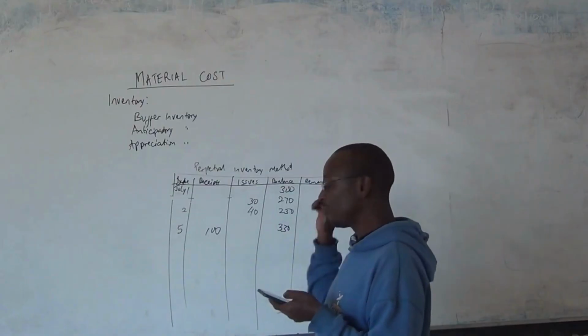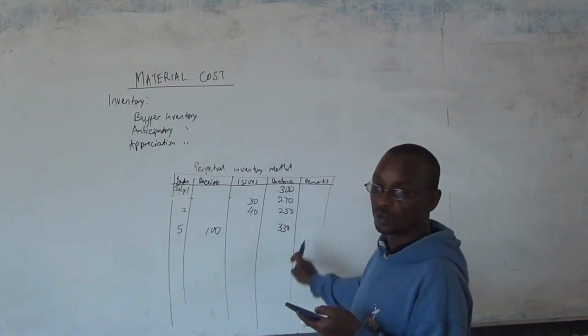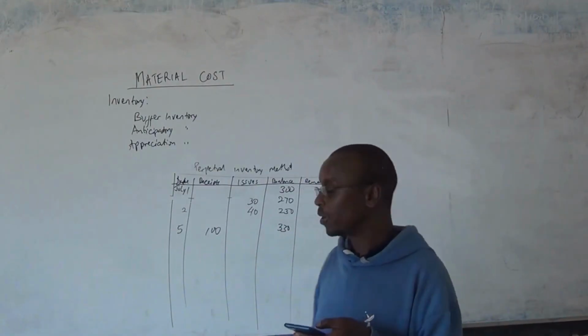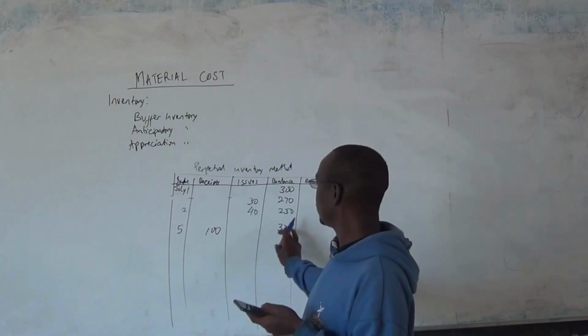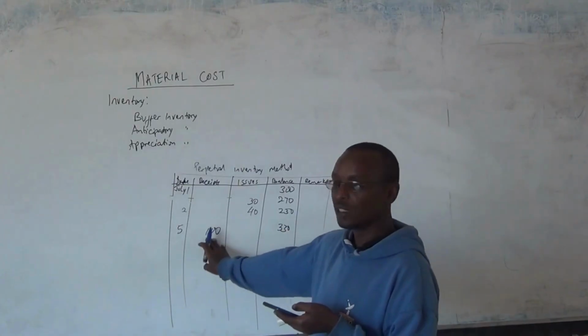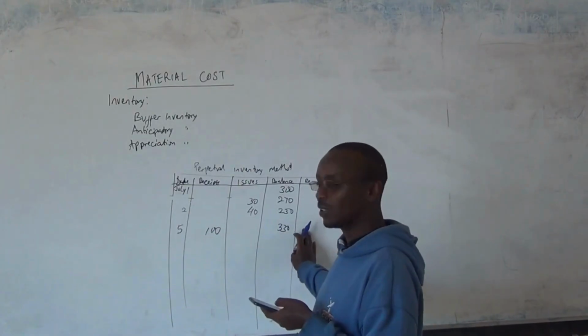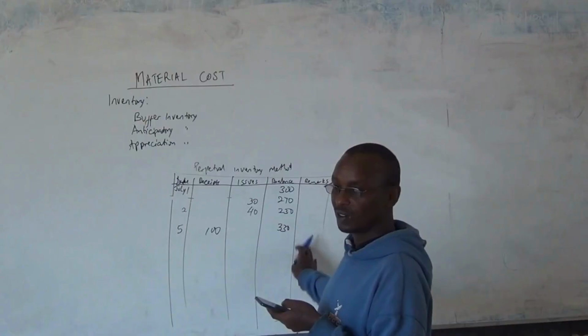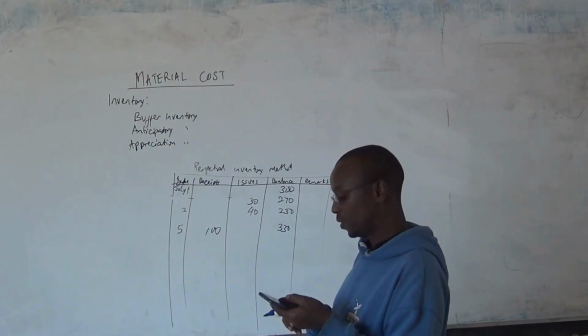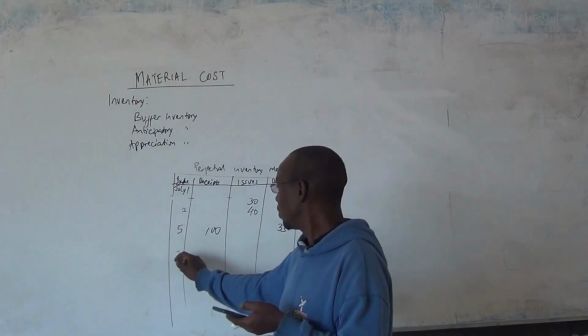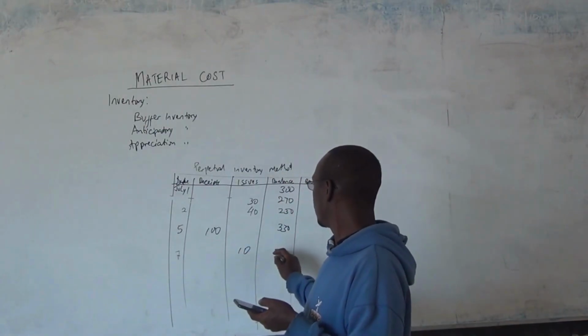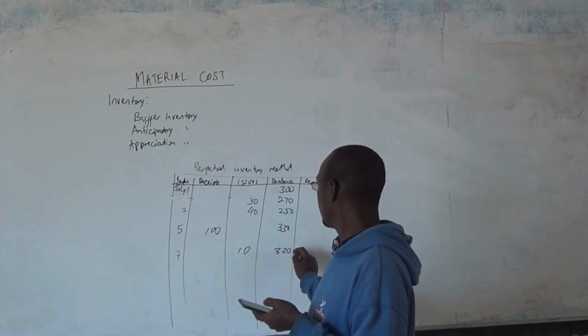Okay? And if there is anything you want to put a remark on, you can put a remark, you can put the receipt or the invoice number that bought this item here. So, you can say on the 7th, 10 units in the batch of 320 were damaged.